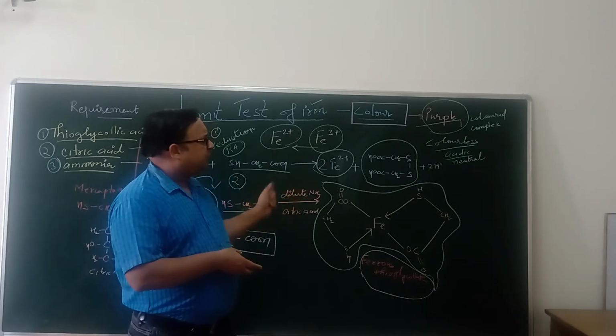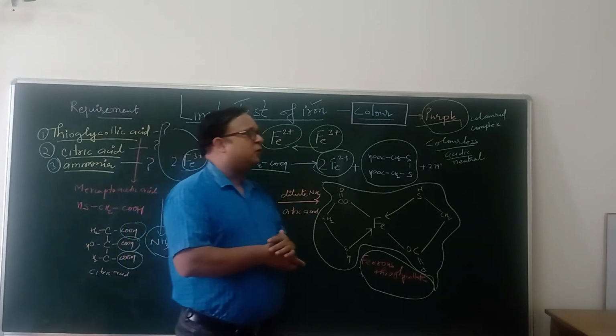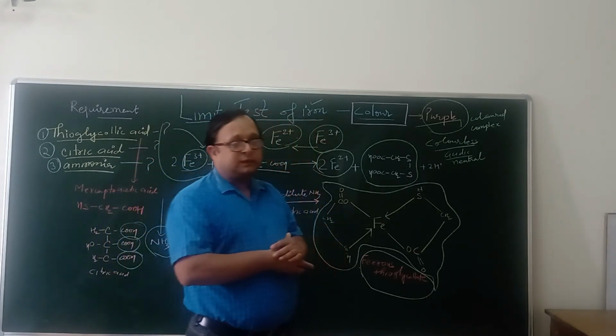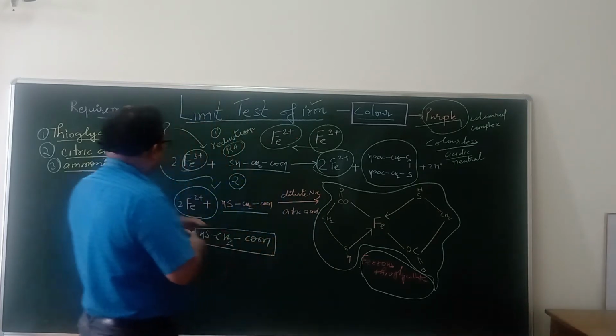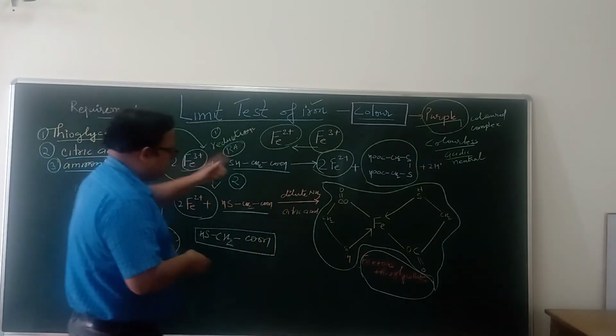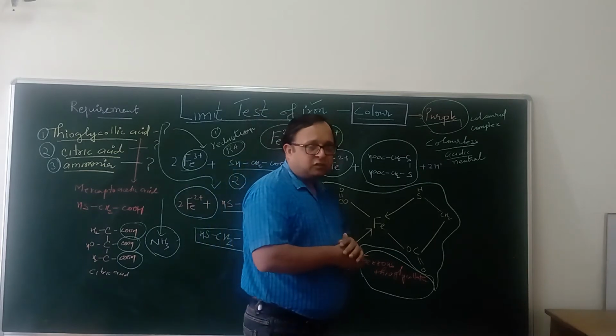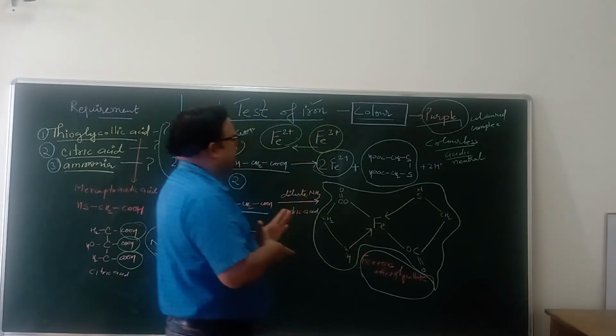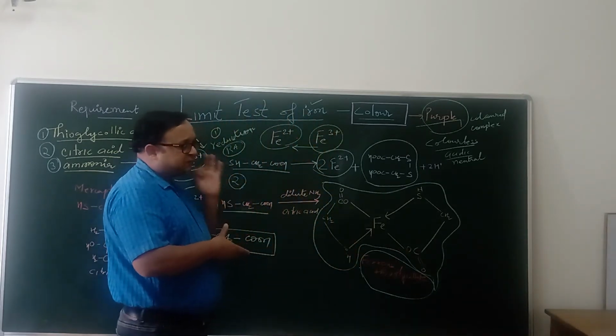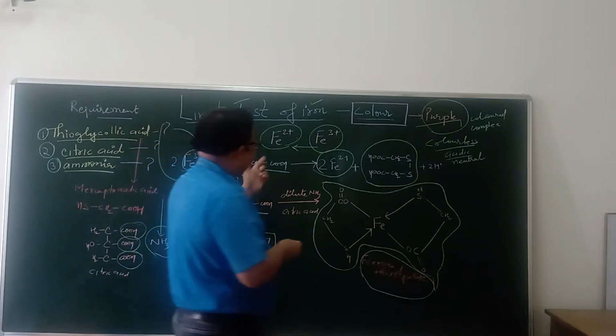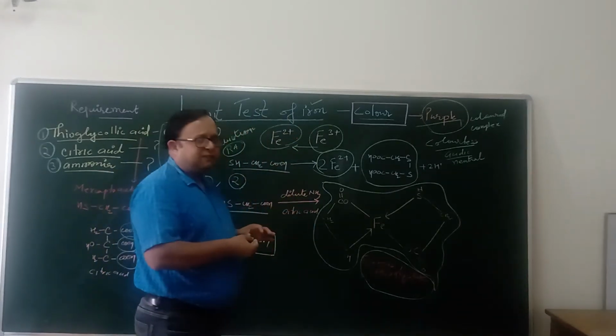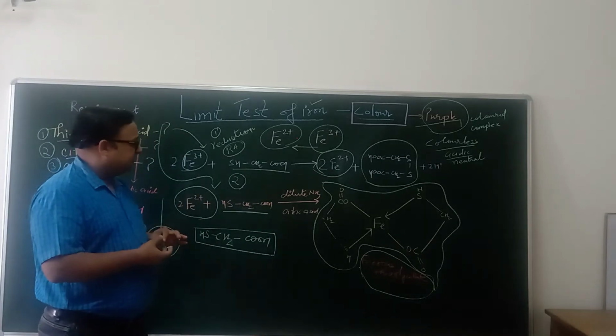Citric acid reacts with ammonia to make ammonium citrate. Therefore it prevents the interference with the limit test, and thus enhances the sensitivity of the limit test.